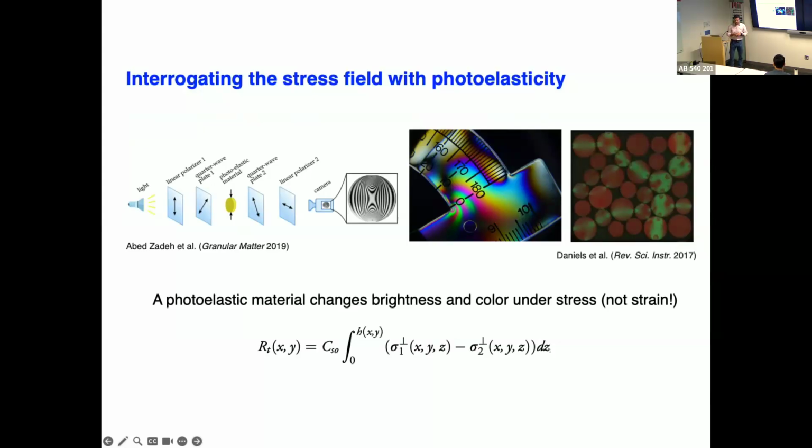So the principle is birefringency, and in effect, what it does is that when you subject a birefringent material to polarized light, the brightness and the color of that light that you observe depends on the stress that you apply, not the strain, the stress. And to make that point clear, I wrote down the equation, right? So the retardation factor is an integral of the deviatoric stress in the plane perpendicular to the polarized light.